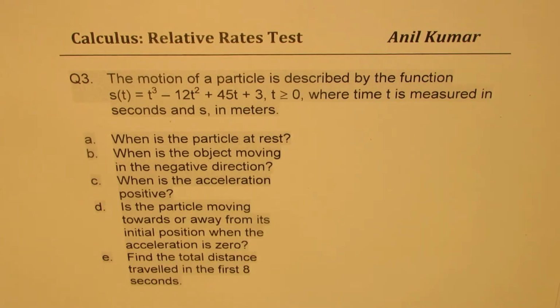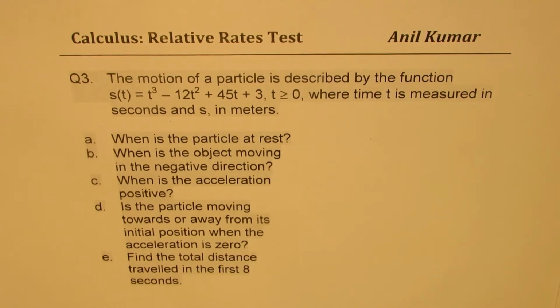You need to figure out when is the particle at rest, when is the object moving in the negative direction, when is the acceleration positive, is the particle moving towards or away from its initial position when the acceleration is 0, and find the total distance traveled in the first 8 seconds.